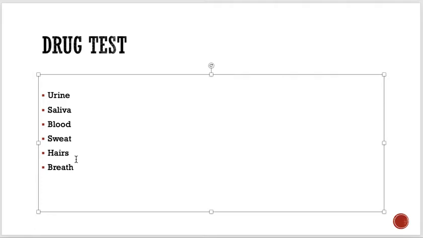So of course, there are different types of tests which are available. And it would be very long if I started talking about which drugs are present in which parts, and for how many days.